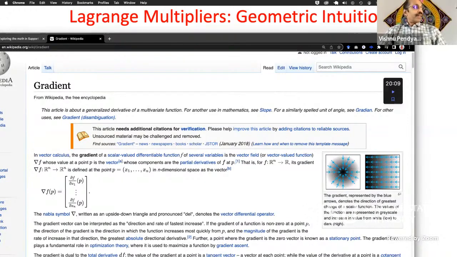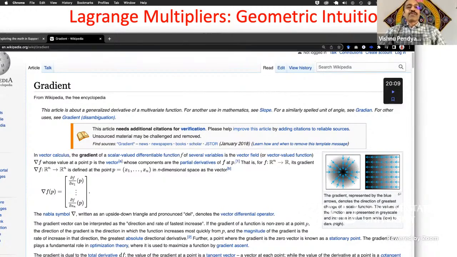So we multiply the gradient with a Lagrange multiplier, lambda, because we want only the slopes to be the same, but not the magnitudes. So this equality represents the Lagrange formulation of the optimization problem.